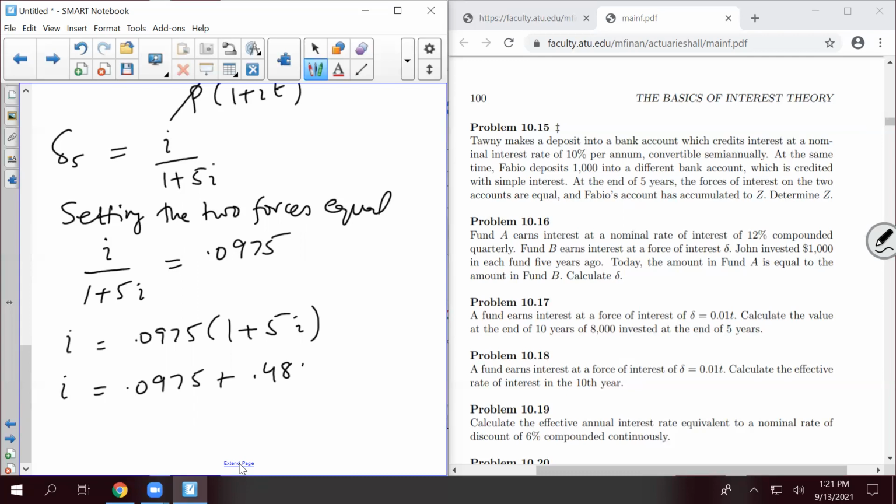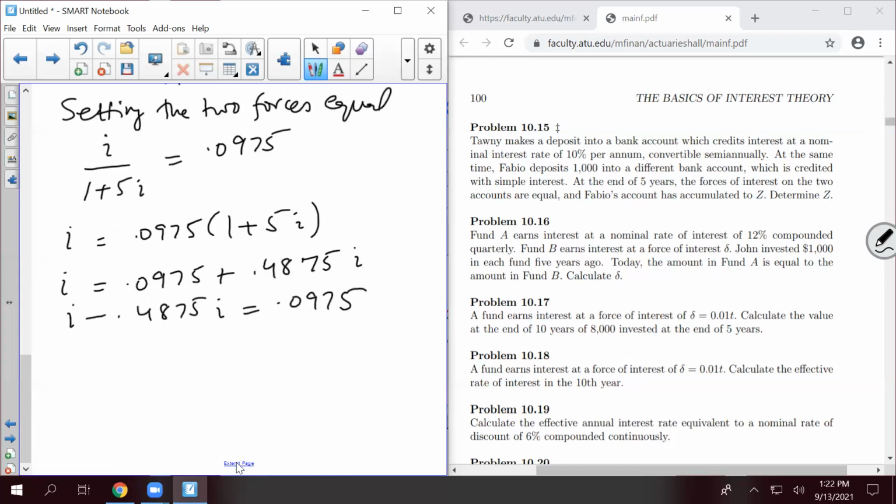I don't believe the first number I got; 0.0975 times 5 can't end in a 9. 0.4875, yes, okay. So that's better. i minus 0.4875i equals 0.0975. So this is 0.5125i.